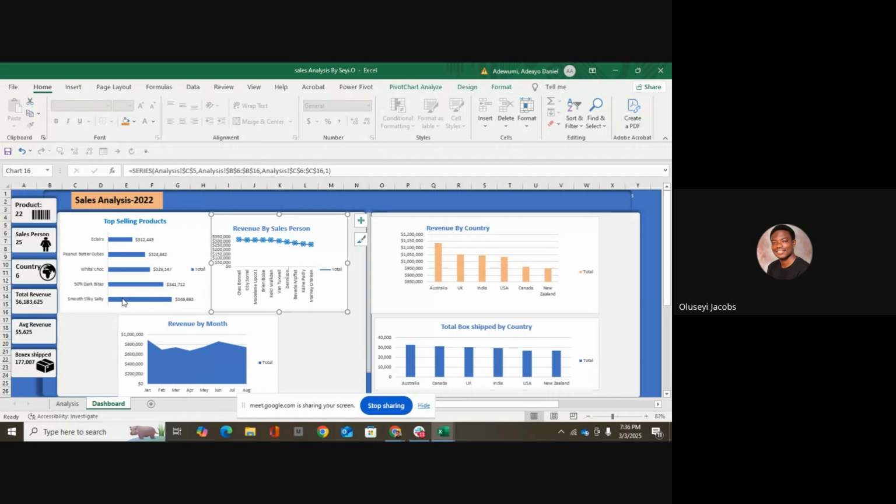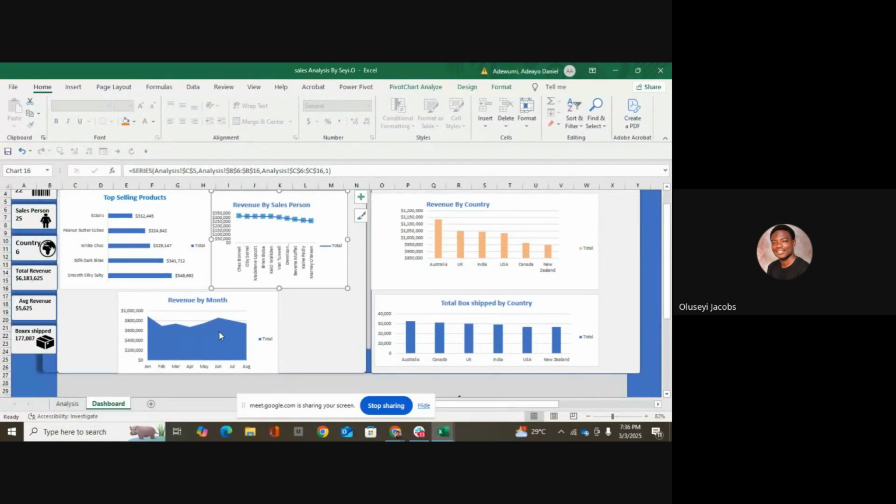The competitor to this particular product is Dark Bites. Dark Bites is about 7,000 US dollars difference. So the very competitive product to this for that particular year is Dark Bites.